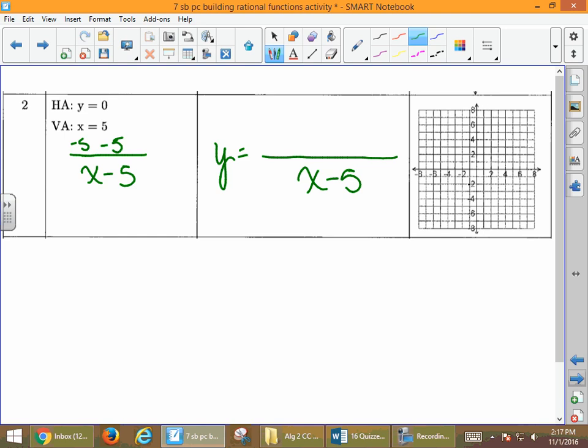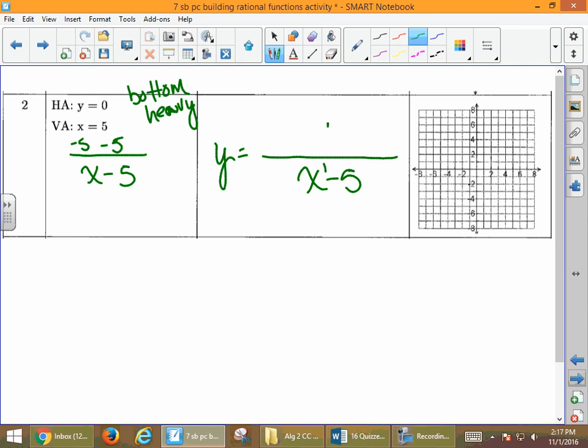And once again, we have y equals 0. When our function has a horizontal asymptote of y equals 0, it's a bottom-heavy function. That means that this degree, which is x to the first power, needs to be greater than the degree of something in the numerator.